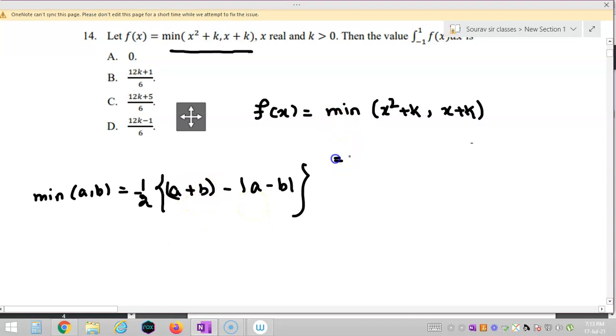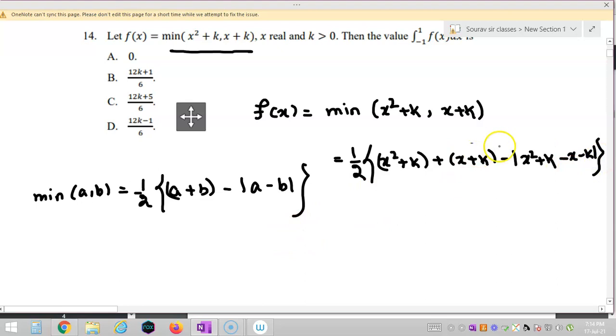So I can write 1 by 2 times of x square plus k plus x plus k, right students, minus mod of x square plus k minus x minus k, right? So I can write this.